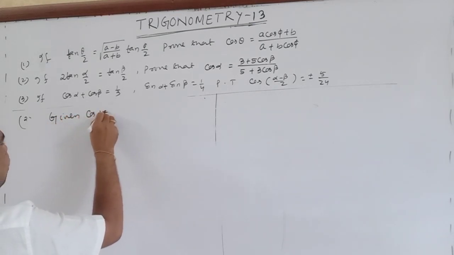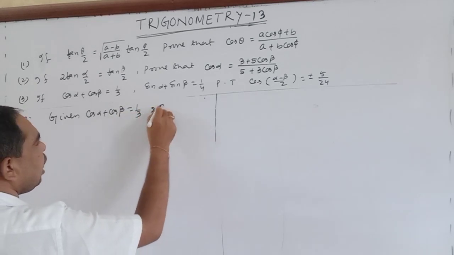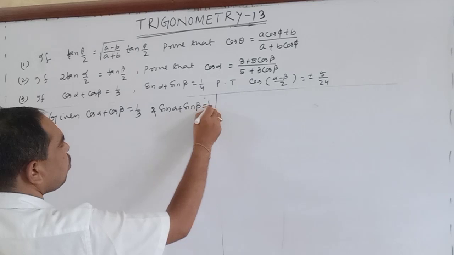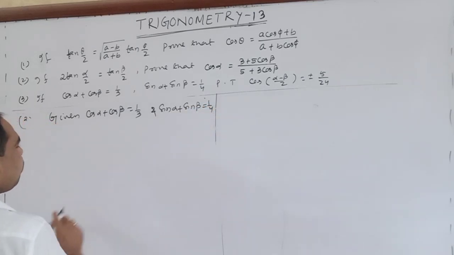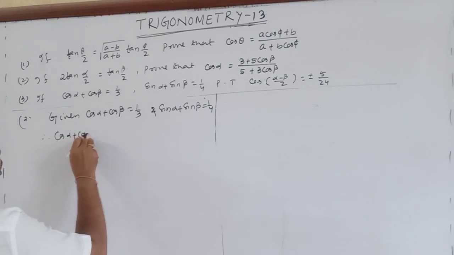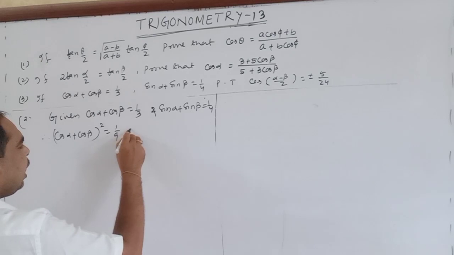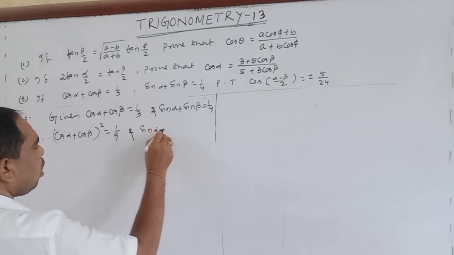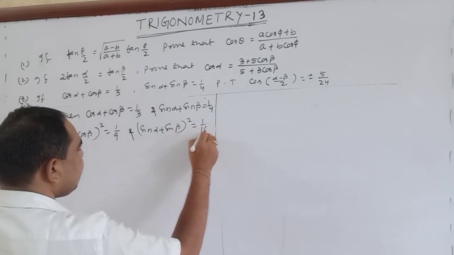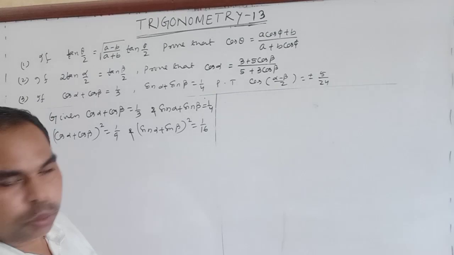Given cos alpha plus cos beta is equal to 1 by 3 and sin alpha plus sin beta is equal to 1 by 4. Therefore (cos alpha plus cos beta) whole square is equal to 1 by 9 and (sin alpha plus sin beta) whole square is equal to 1 by 16, squaring both sides.